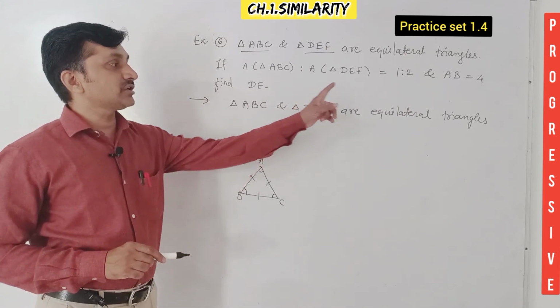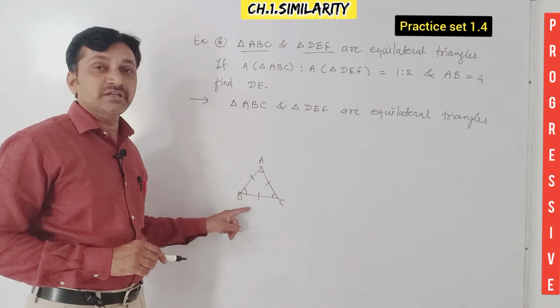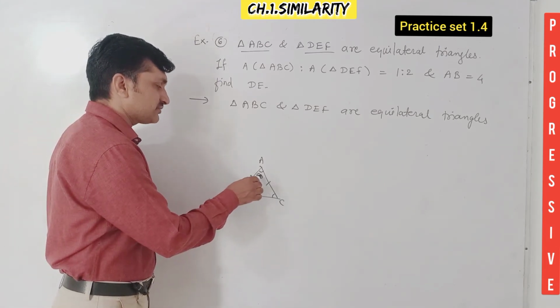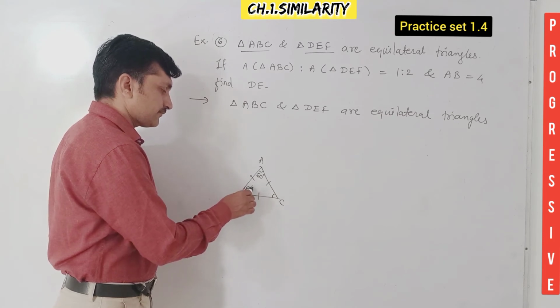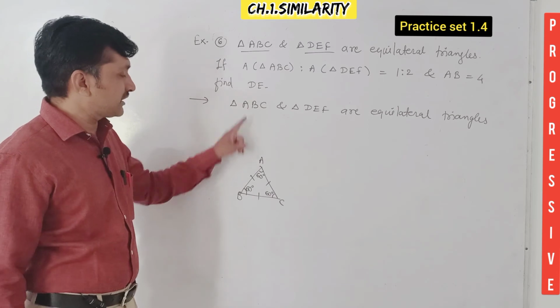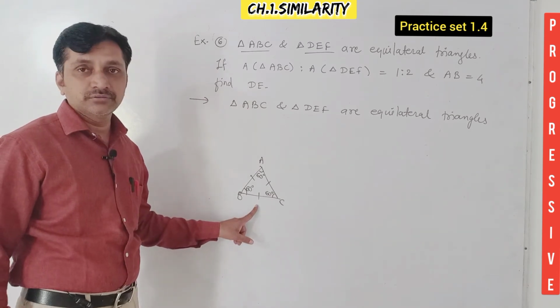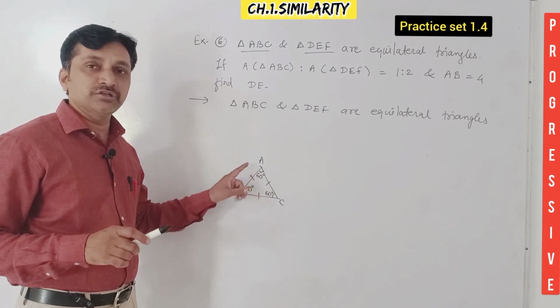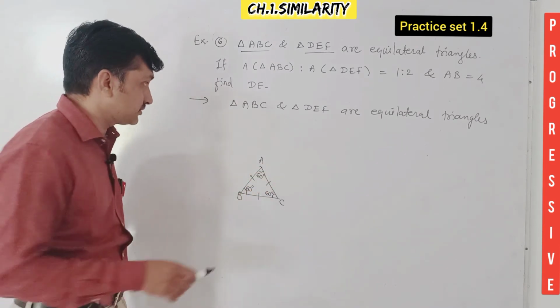Means if it is equilateral, we can write it is equiangular. Equiangular means all angles equal, and all angles equal means each angle 60 degrees, total 180 degrees. Equilateral means equiangular, each angle 60, all same: 60, 60, 60.